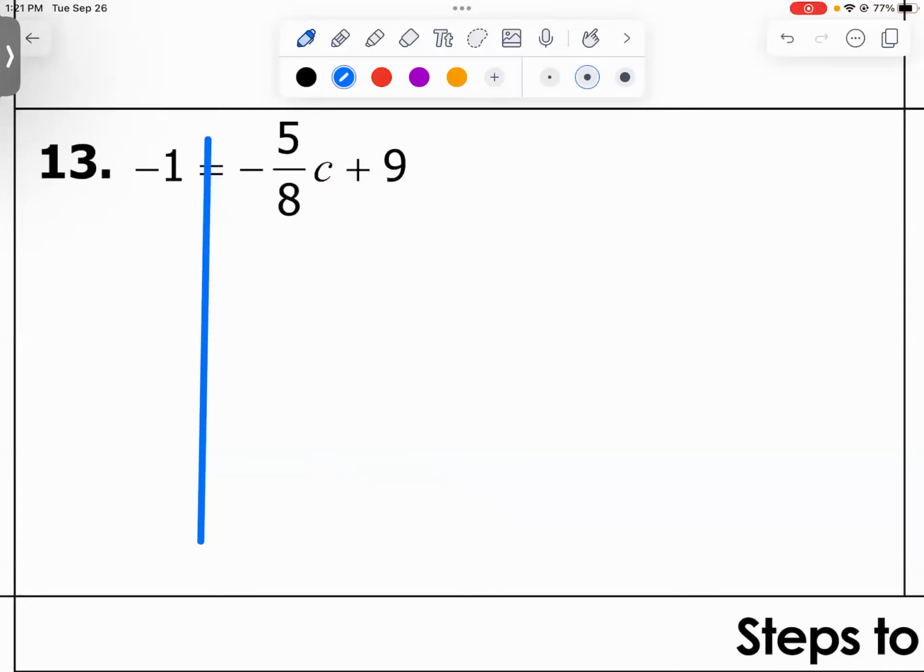Hey, Peyton, there's a marker on the floor with the cap. Could you get it and put the cap back on? Do you have your math folder? Correct. Awesome, I will take that.